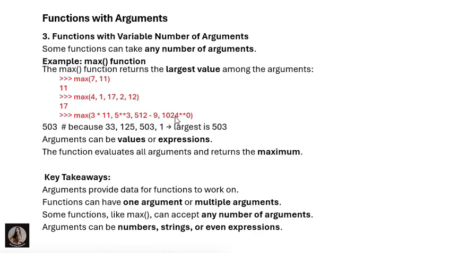And 1024 exponent 0, anything power 0, is 1. Among these values, 503 is the maximum. That's why it will print 503 as the output. Got it? It will calculate and check which is the maximum number and give it in the output.